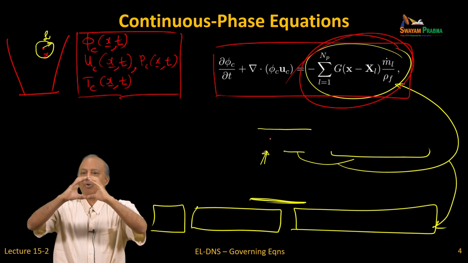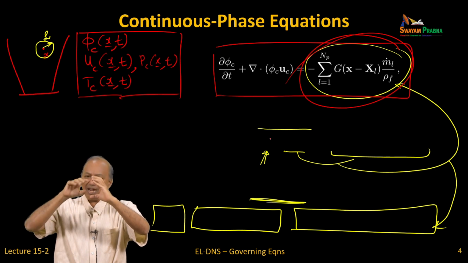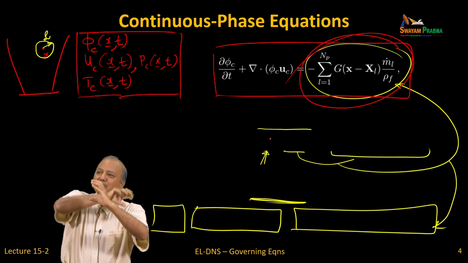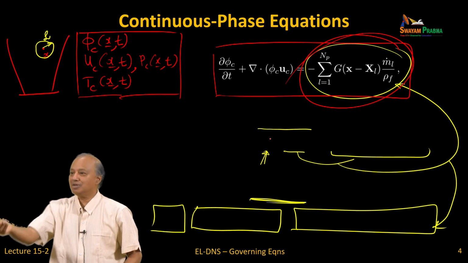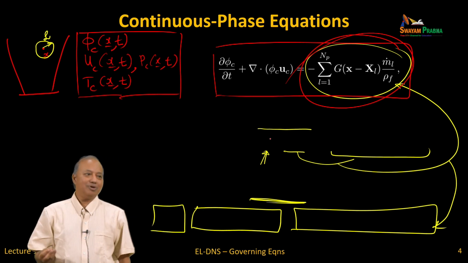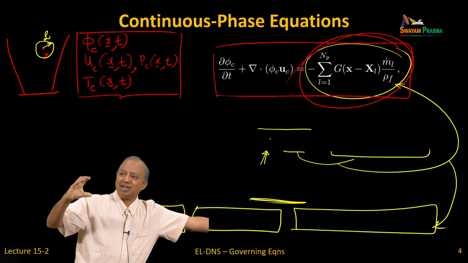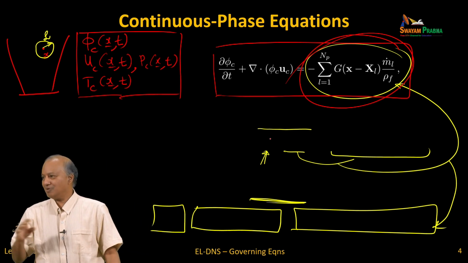You want to know what is the mass added to a cell. Not only the particles that are inside will contribute, even particles 1 or 2 cells outside will give a little bit of contribution. But you don't have to calculate the mass source by finding every particle out there. There's a little bit of bookkeeping, and you can easily do this, and it works very well.